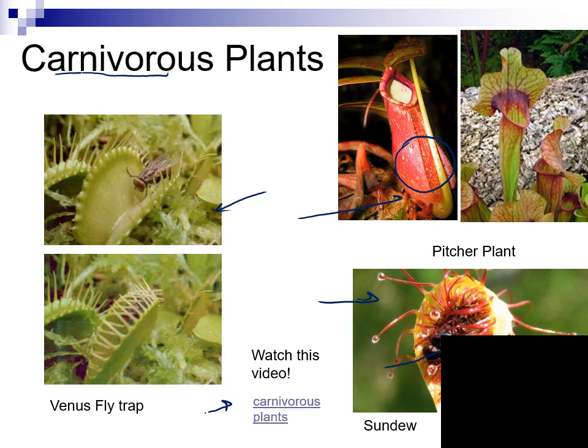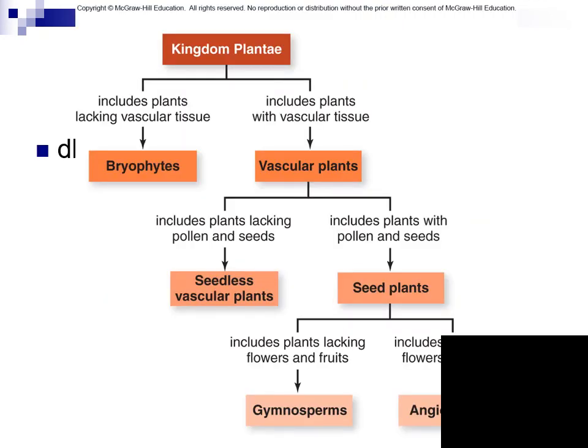And then this last slide I want to just take a look at, and this is very general and basic, but it's a good overview of all of the plants and how we classify them. So we look first to see whether they have vascular tissue or not. So bryophytes are non-vascular and all the other plants are vascular. And then we look to see whether they have seeds or not.